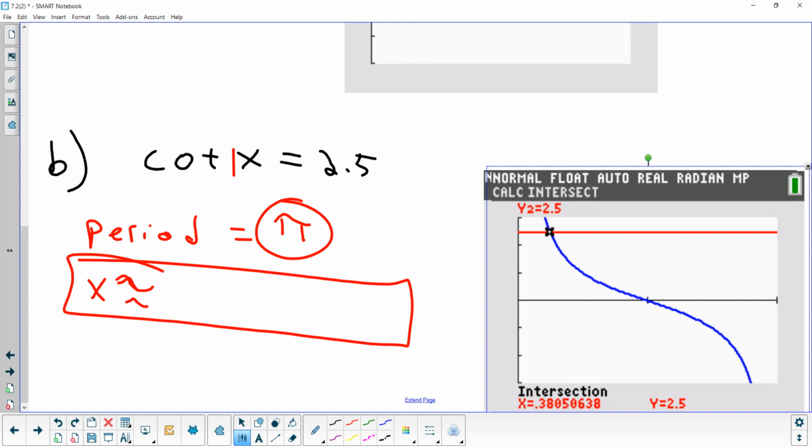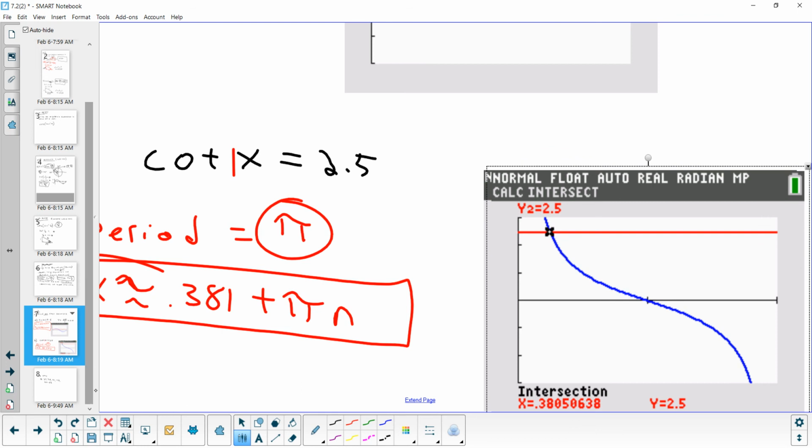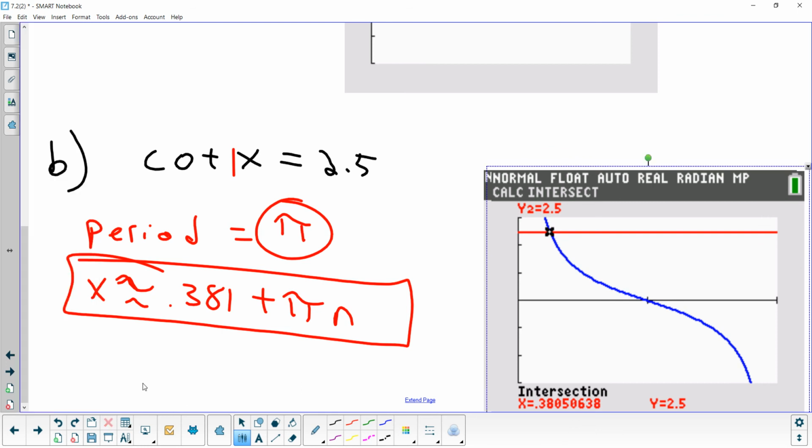So 0.38 plus pi n. Yes. So that means you can add or subtract 3.14 to that number as many times as you want, and it'll give you an answer somewhere else. That's it. Any questions on that?